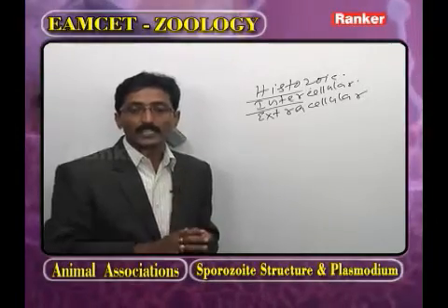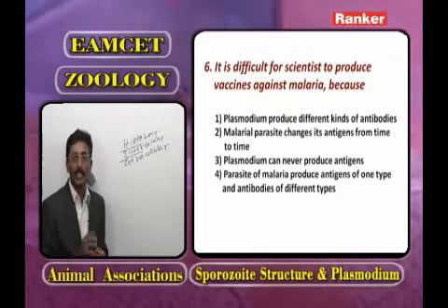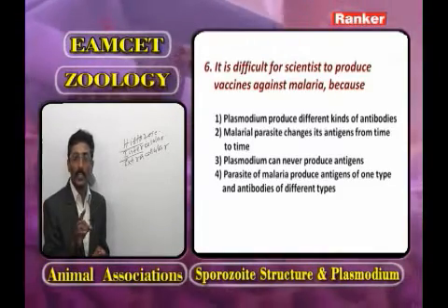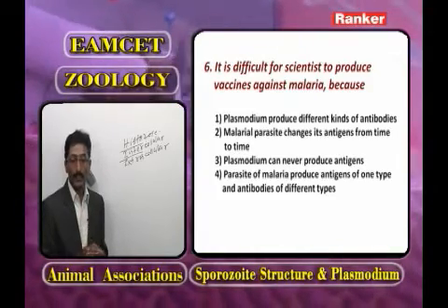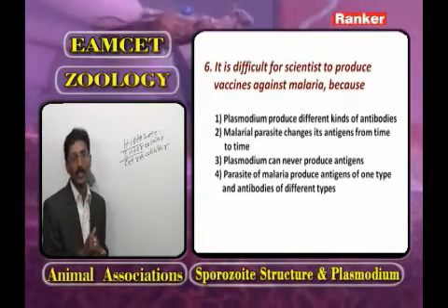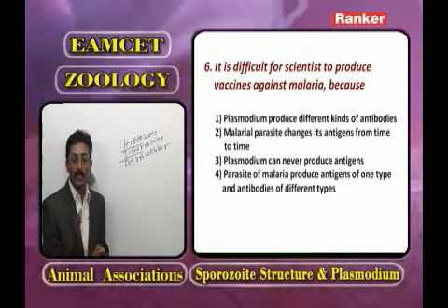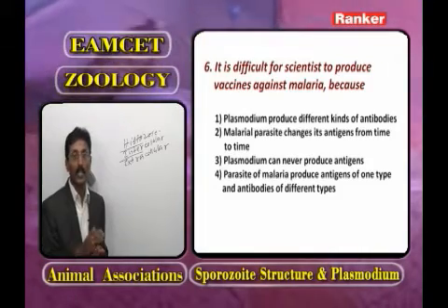It is difficult for scientists to produce vaccines against malaria. The first option, that Plasmodium produces different kinds of antibodies, is not correct. The second one: the malarial parasite, that is Plasmodium, changes its antigens from time to time.